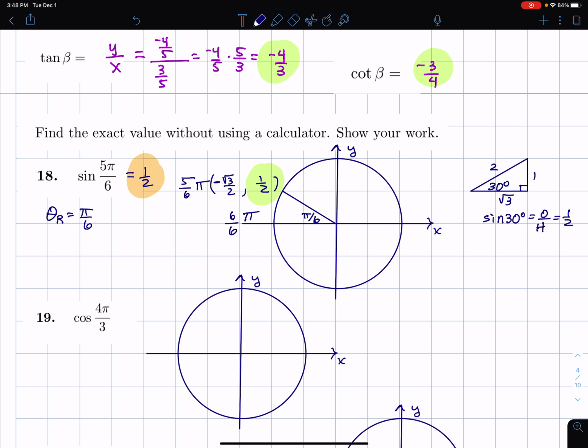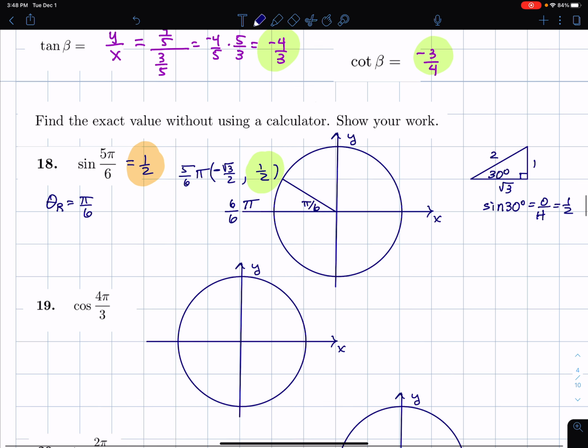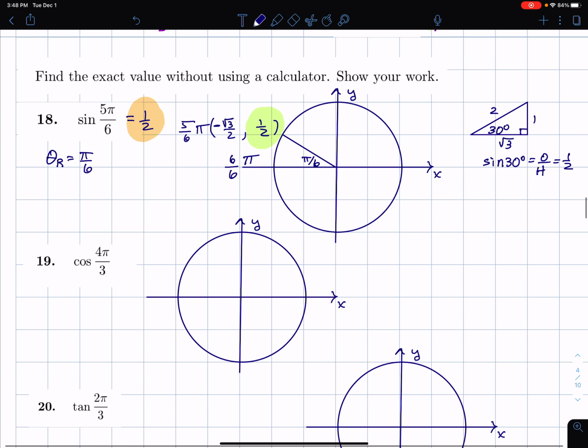Now that gives the sine of 30 degrees, which is sine of π over 6, and I need to pay attention to which quadrant 5/6 π is and see whether I need to adjust that to make it positive or negative. But I didn't have to adjust in this case.